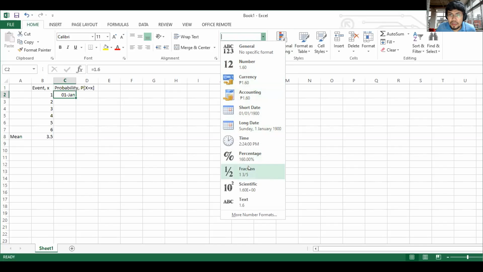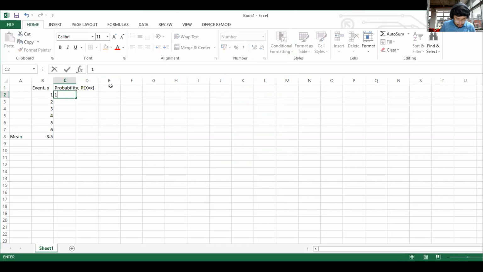It's going to be a number, so it's 1/6, and it becomes 0.17. You just drag this so that you have the same probabilities for each and every event.